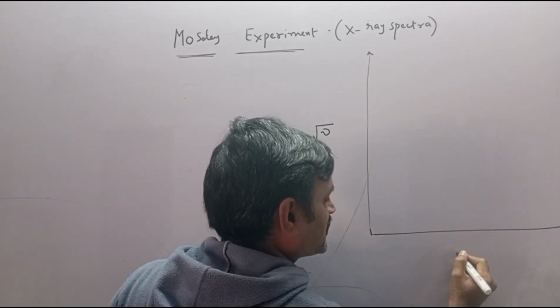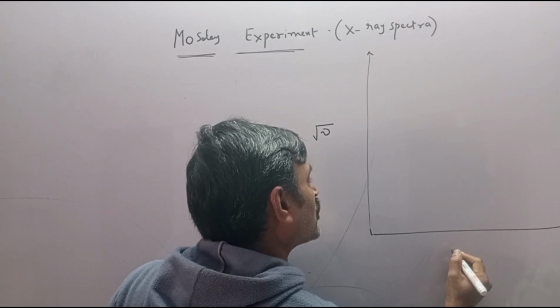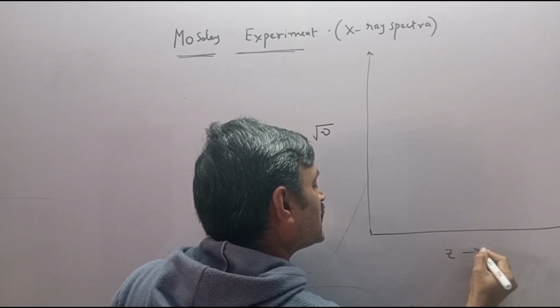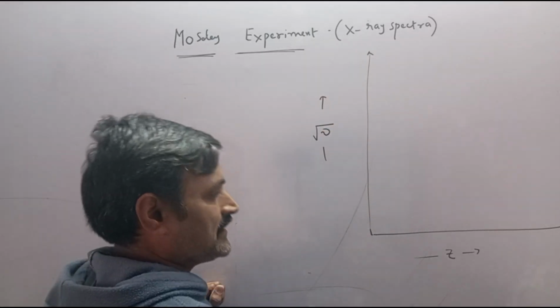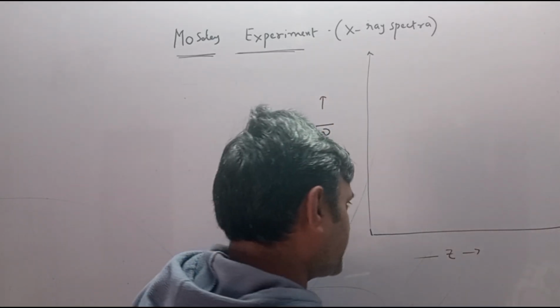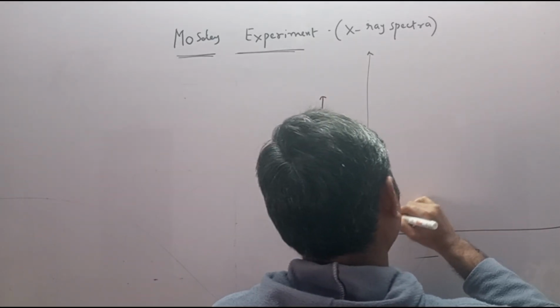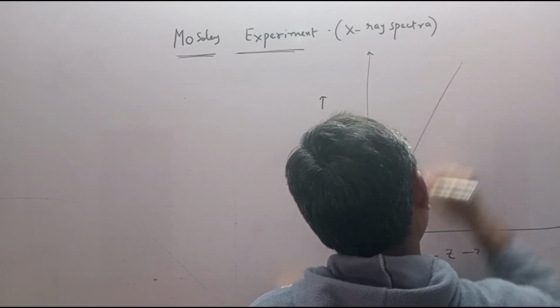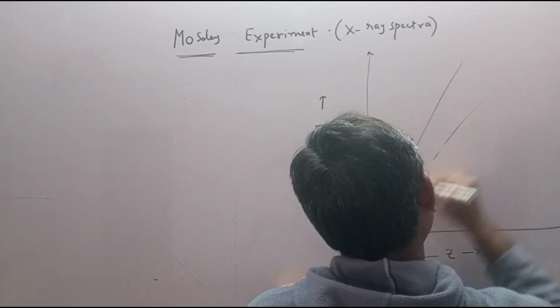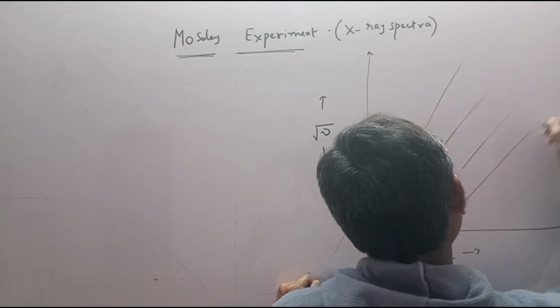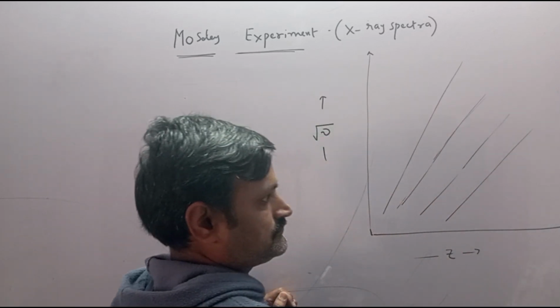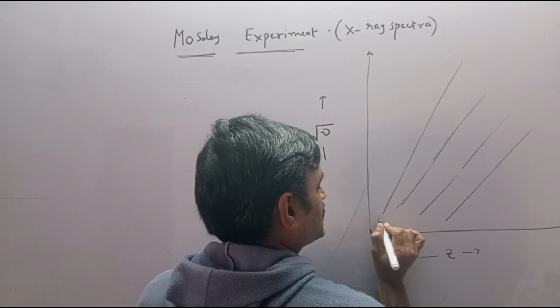versus the atomic number. In this graphical representation, he produced different straight lines for different elements.